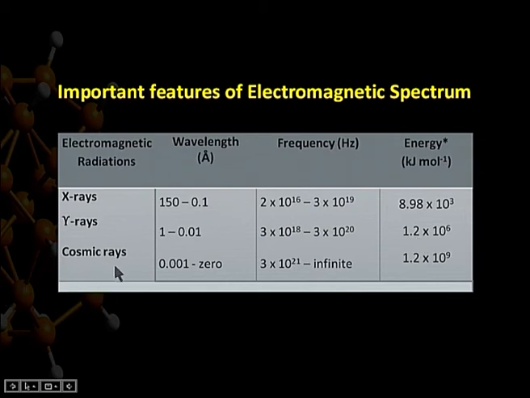In the same way, the cosmic rays have wavelength from 0.001 to 0, and frequency in hertz of 3 into 10 raised to the power 21 to infinite, and energy of 1.2 into 10 raised to the power 9.